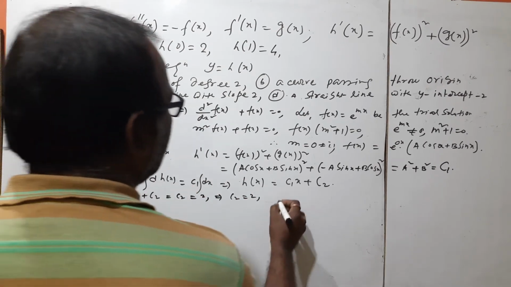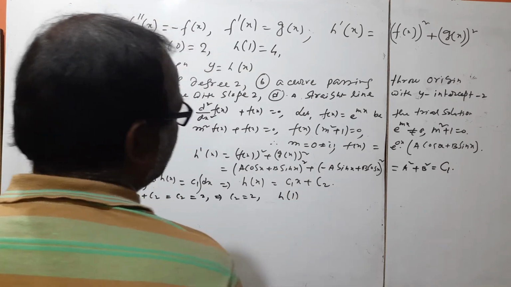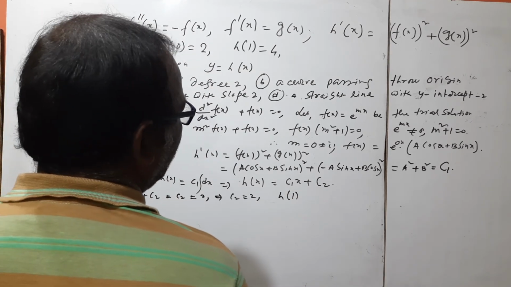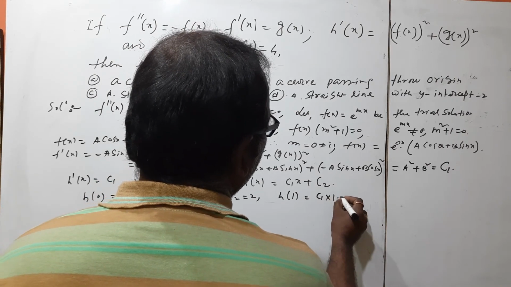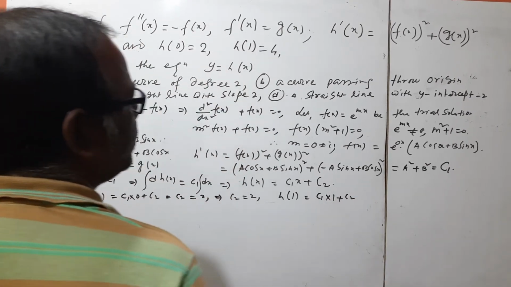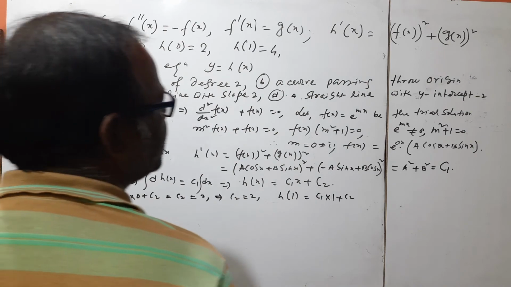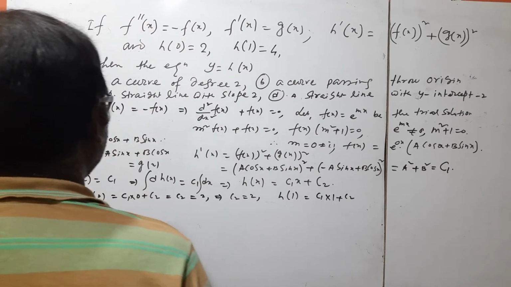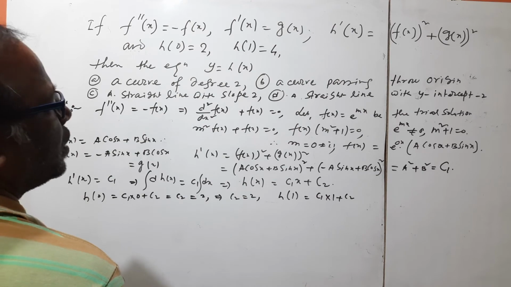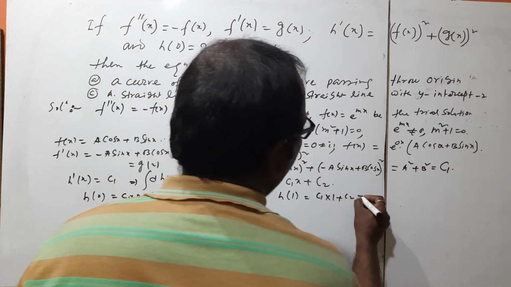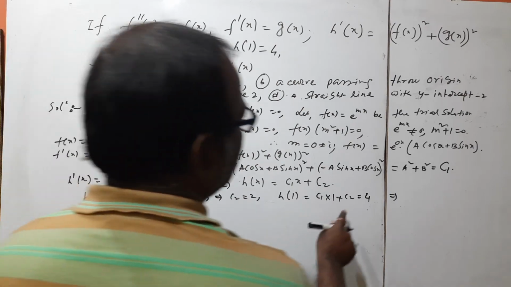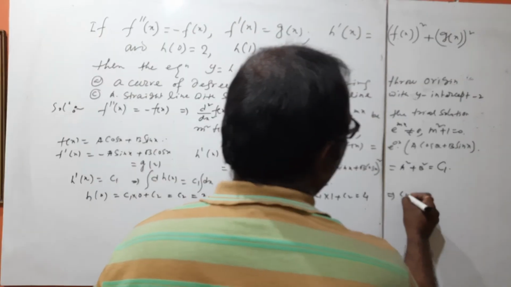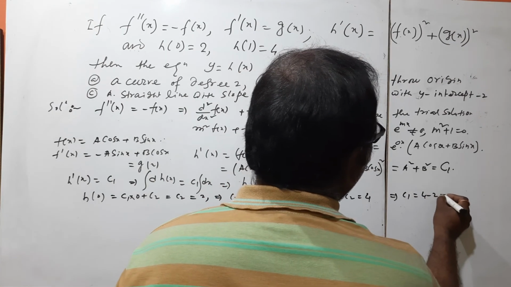And again, at x equal to 1, the value of h is c1 times 1 plus c2, and this is given as 4. The value of c2 is 2 here, so if we put 2, we get c1 equal to 4 minus 2, which is 2.